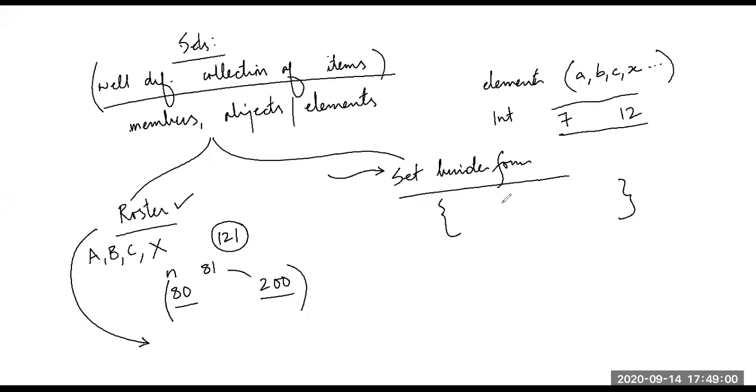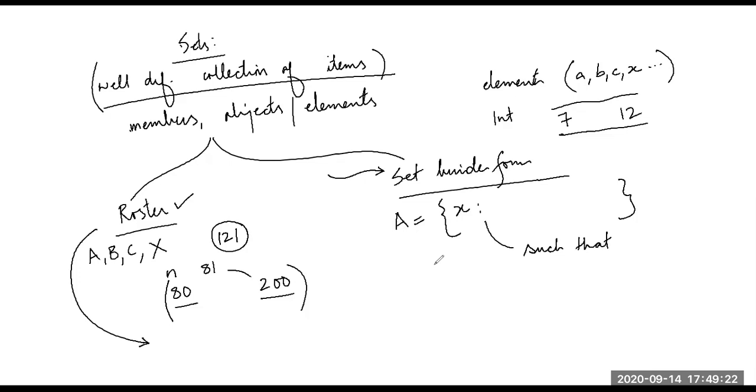How do I write? First, let's say the name of that set is A. So I'll write A is equal to this. Now I'll represent all the numbers by x, and I put a colon here. This colon means such that.